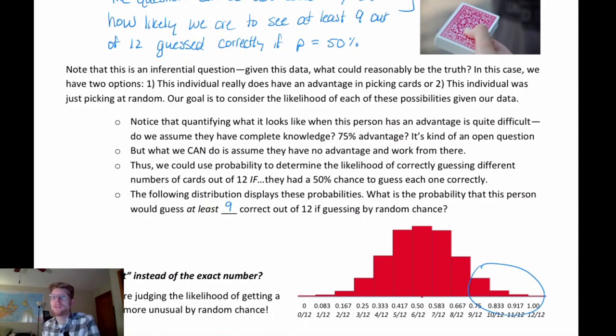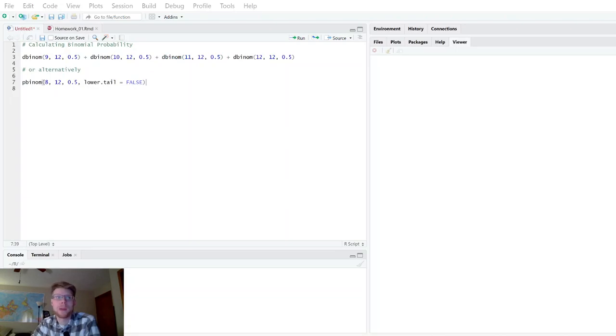Now, I'm going to use R to calculate this, and I'm going to use a command here that we have not learned and we're not going to be using otherwise: the binom family functions. It's kind of like p-norm. Remember how we had p-norm for calculating probabilities related to the normal distribution. We can use p-binom to calculate probabilities related to the binomial distribution.